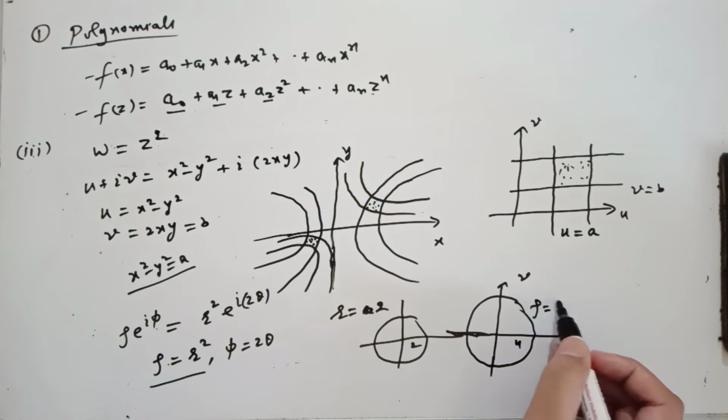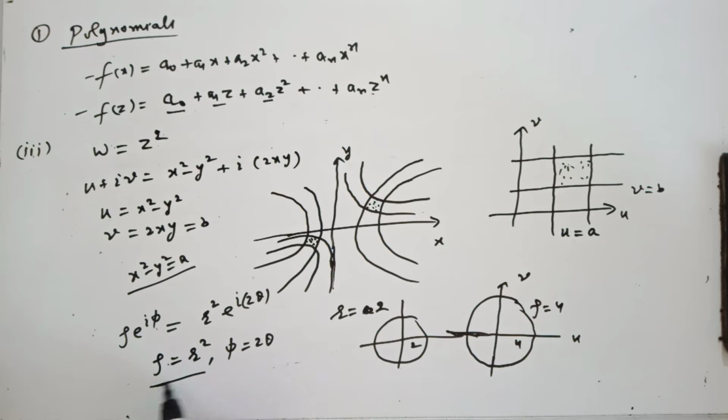This is rho equal to 4. From this you can see that under this mapping, a circle is mapped into a circle with radius squared. Understand the meaning of this also, try to interpret it geometrically. If theta goes from 0 to pi, phi goes from 0 to 2 pi, correct?